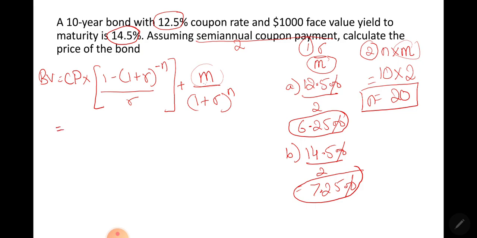The coupon payment was, now the new coupon payment will be based on this. So 6.25% multiplied by 1000, that is 62.5. The new interest rate is 7.25%.